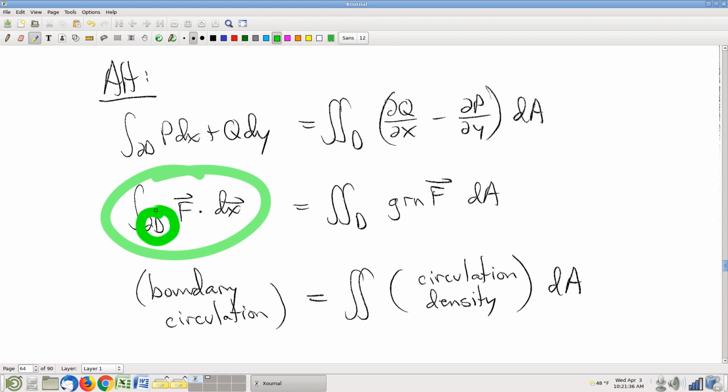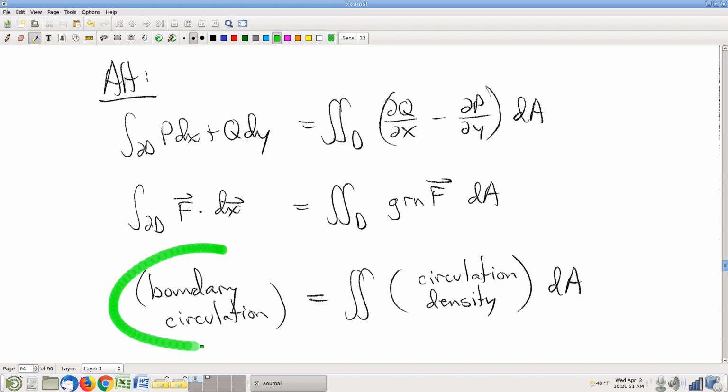If that curve is a boundary, then that says how much the fluid is going around the boundary of this region D, in the same way that the boundary itself is. In other words, it represents how much the fluid is, as we like to say, circulating. Right. So I think it's clearer to make this connection with this notation.